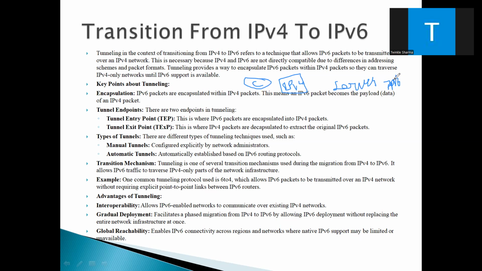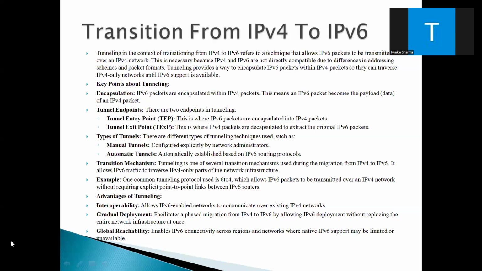If we have the IPv6 packet, it will be covered with IPv4 and then forwarded across. And when it reaches the device, the cover will be removed, and directly the IPv6 packet will go to the server. Okay.